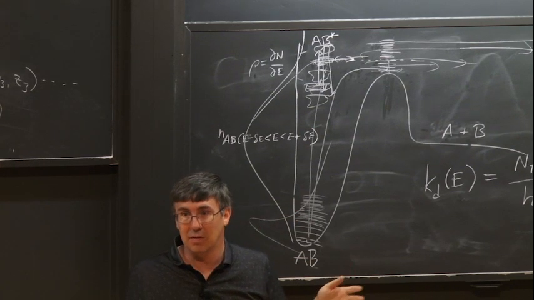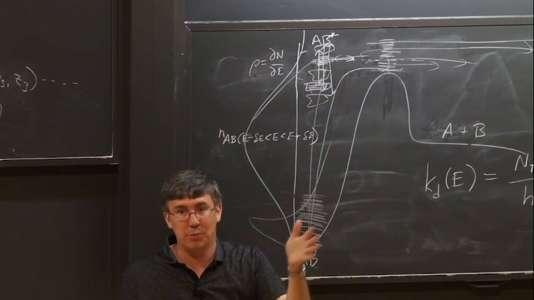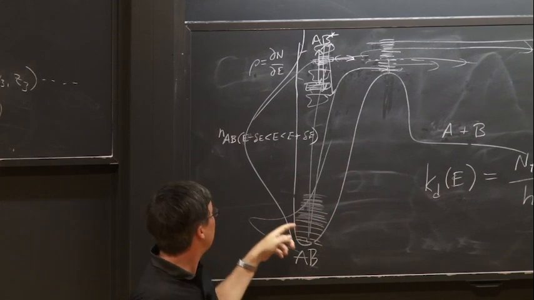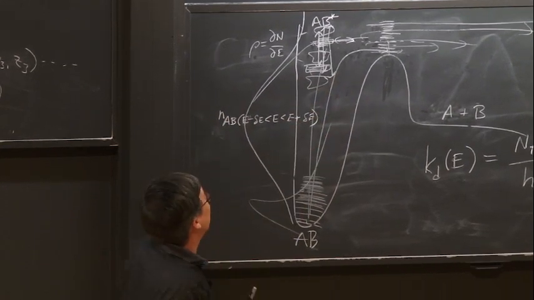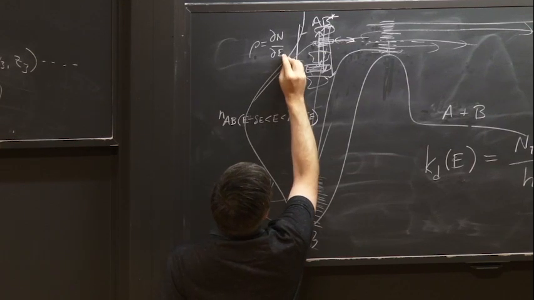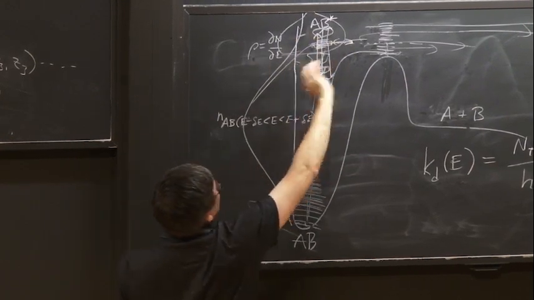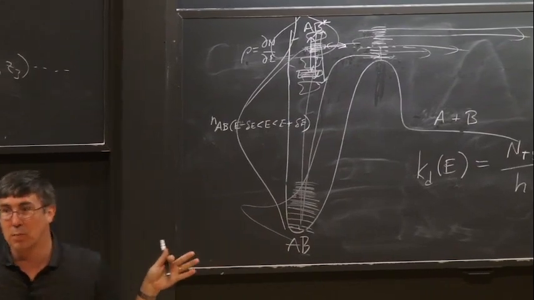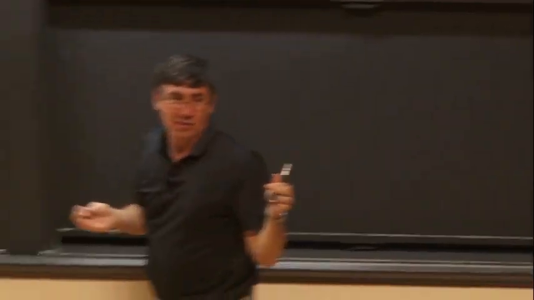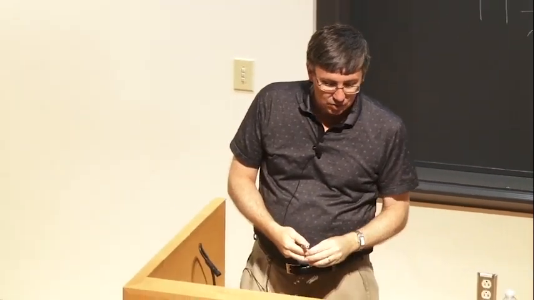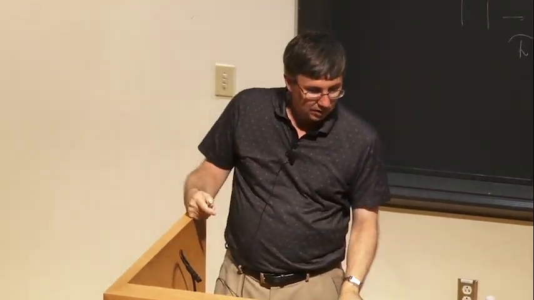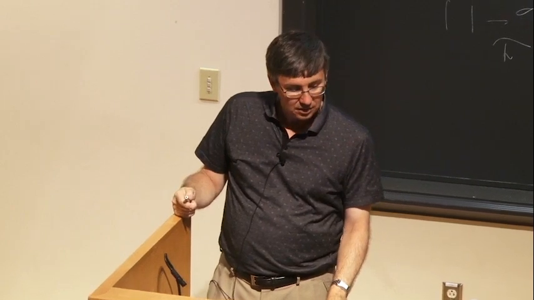So in a burned flame, adiabatic flame temperature, 2,500 Kelvin or something, you might have the whole population up here. And now you have a problem, which is that a lot of your mass is in stuff, AB star, that's above the dissociation limit. It's probably only living for picoseconds. How the heck do you handle this? This has caused us a lot of confusion about how to analyze what the results of the master equation mean.